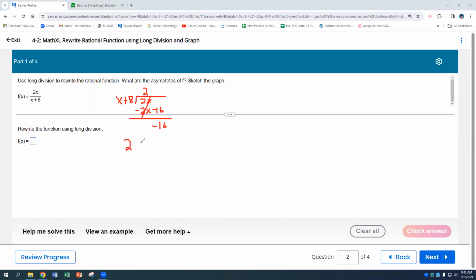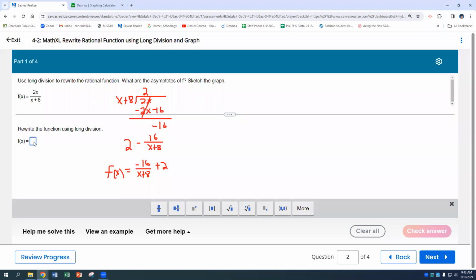Okay, so we're going to have 2 and then minus 16 over x plus 8. Remember, we can rewrite this if we want in the reverse order. Negative 16 over x plus 8 plus 2. So it doesn't matter which way you do it.